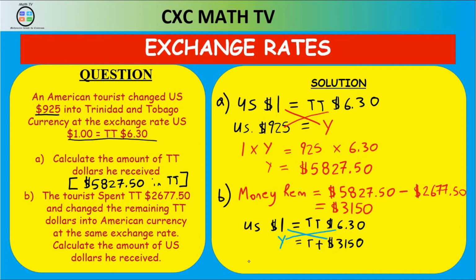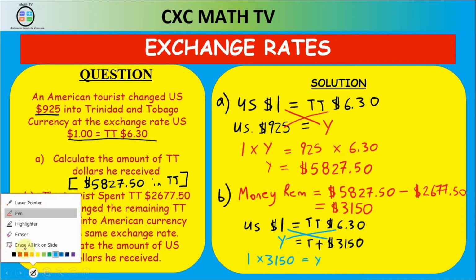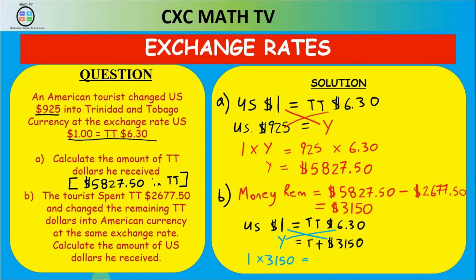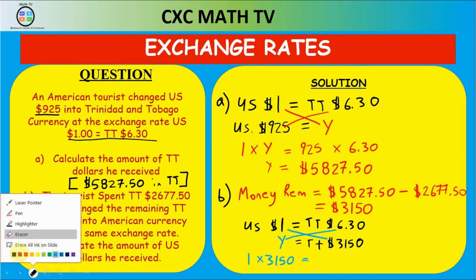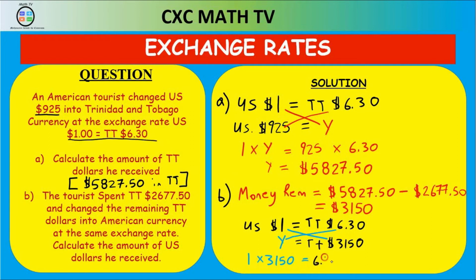You cross multiply, so you're going to get 1 times 3,150 is equal to Y times 6.30. But I'm going to rewrite that as 6.30Y. It just looks better, right? Now to make Y the subject, you just divide both sides by 6.30.